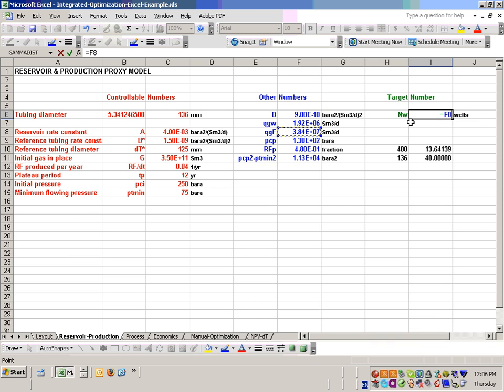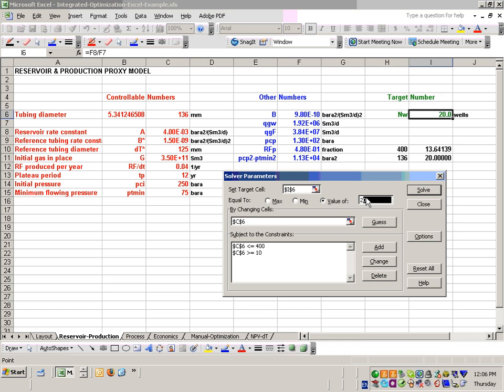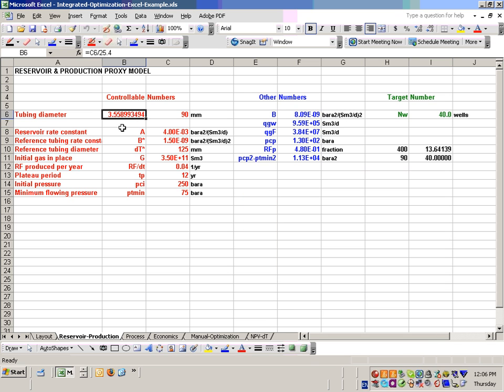Field rate divided by well rate. So if we're at 40 wells, we have to set that to 40. And it's 3.5-inch pipe tubing. Okay, so that's an example of how you might do it. The other example is just finding what tubing gives the fewest number of wells.